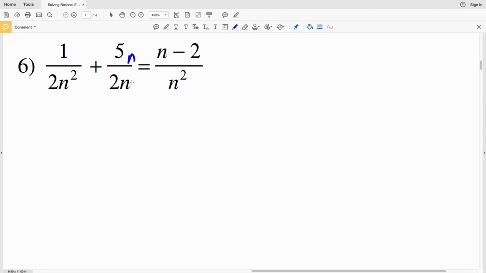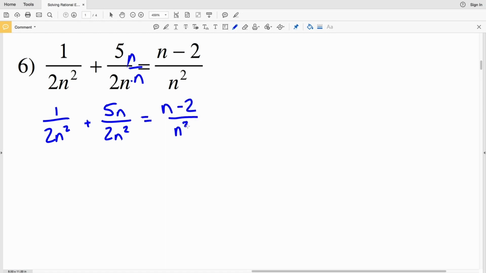Multiplying by n over n will leave me with 1 over 2n squared plus 5n over 2n squared, since n times n is n squared, and that's going to be equal to n minus 2 over n squared.